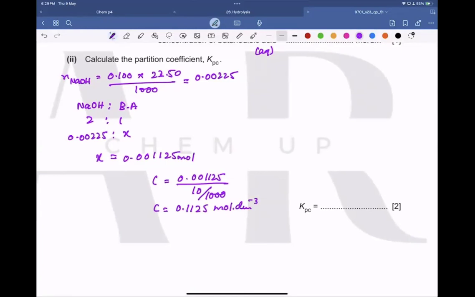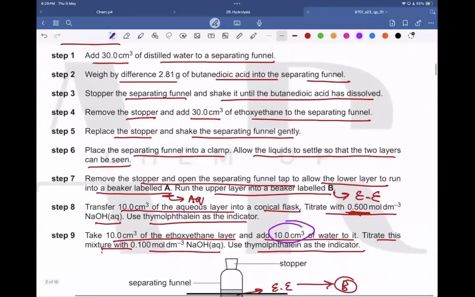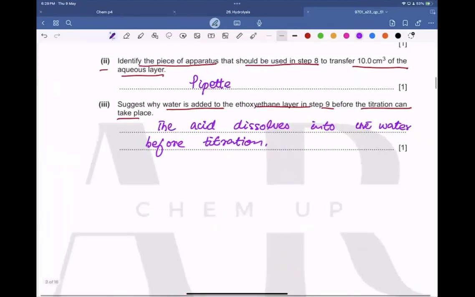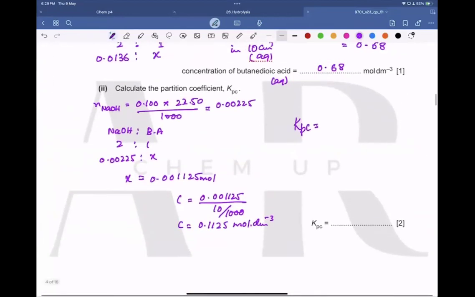So we got the concentration in both, now the KPC expression. In the KPC expression, if you see, the concentration in ethoxyethane is in the numerator and the one in water is in the denominator. So it's 0.1125 over 0.68.